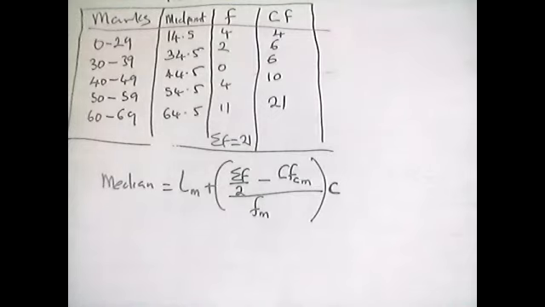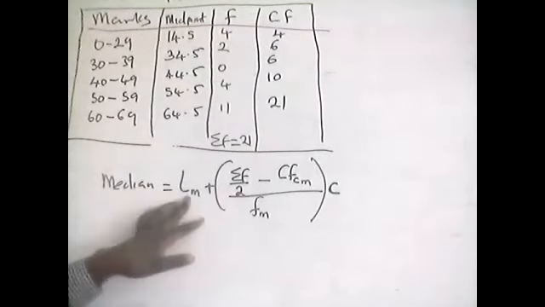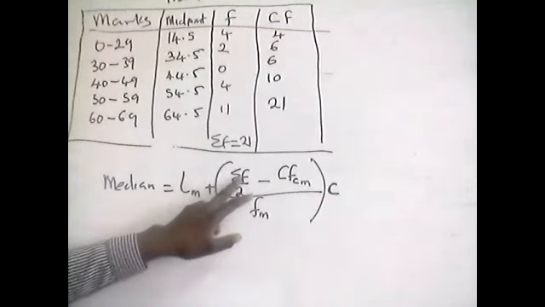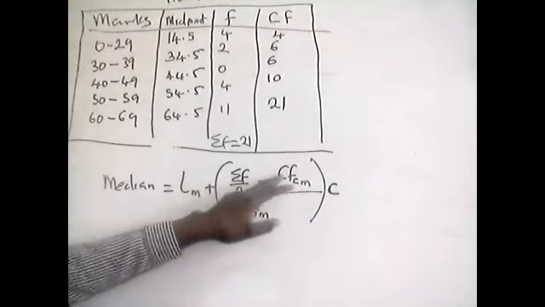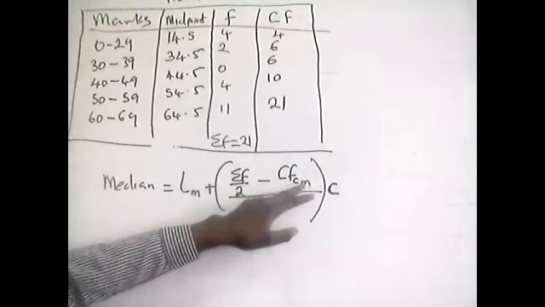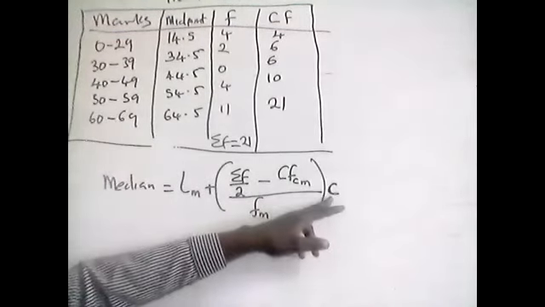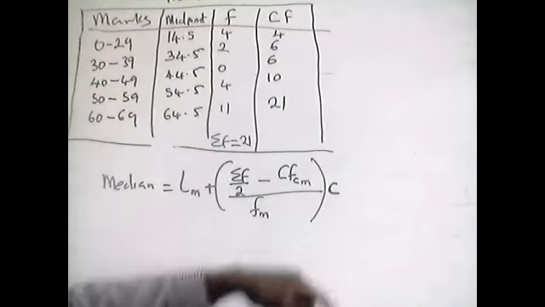So here we have to ask ourselves how to go about finding the values of LM, summation F, which we already found, the cumulative frequency of the class before the median, the frequency of the median, and then the class size.